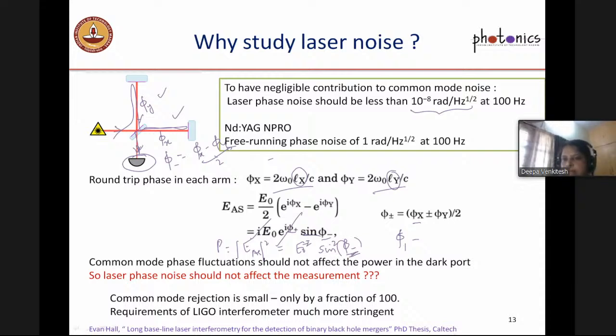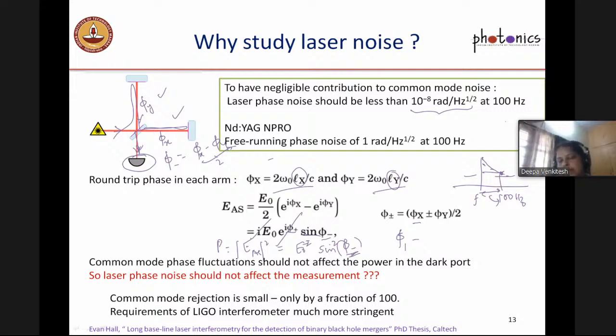This at 100 hertz means that if this is the carrier frequency of the laser, then at a frequency offset of 100 hertz from it, the phase noise is supposed to be 10 power minus 8 radians per square root hertz.